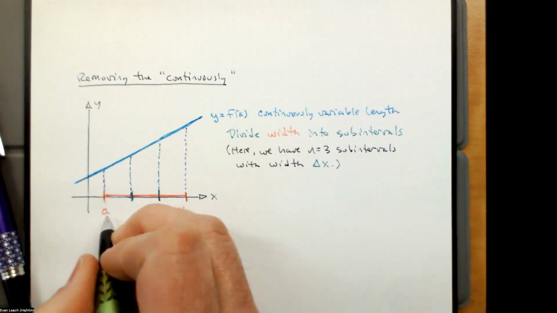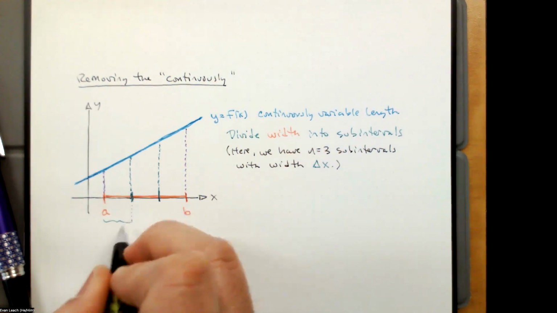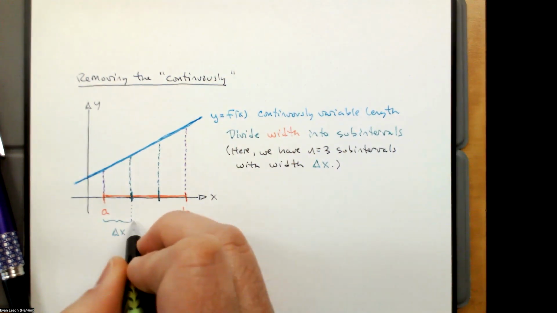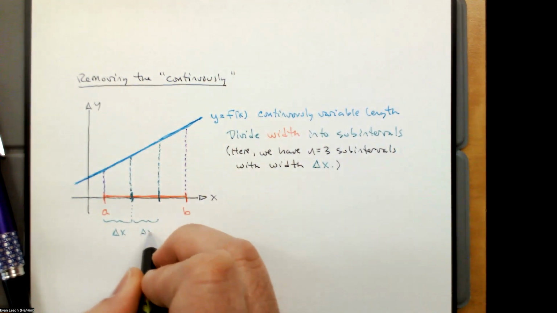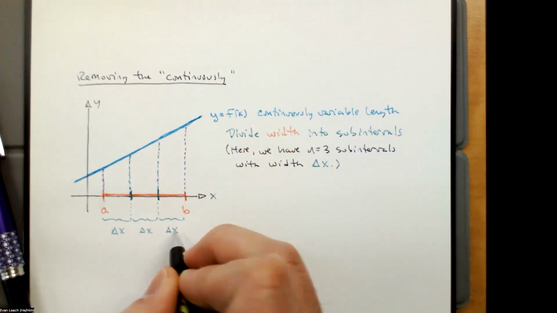So I'm going to say this is a delta x. And this width is a delta x. And this width is a delta x.